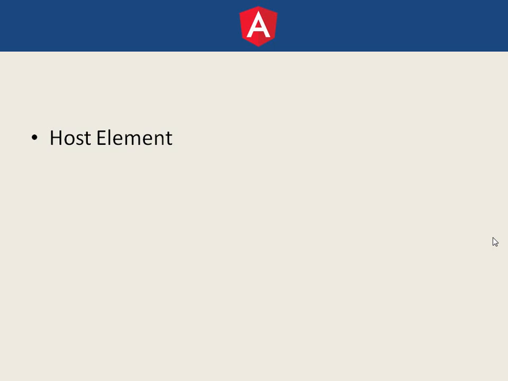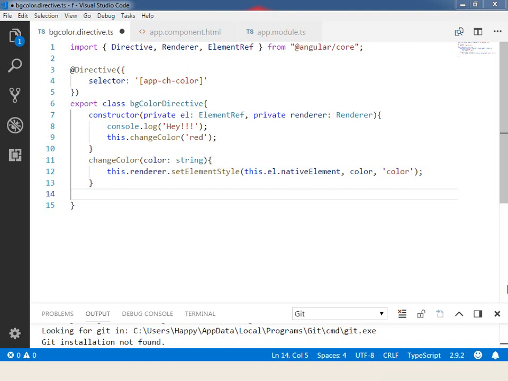Now the next thing is host listener. Whenever you want to access the events of your host element, you use host listener. So suppose you want that whenever the user clicks on the host element, it should change its color to some other color. For that, we will create a function which handles the click event of the host element.